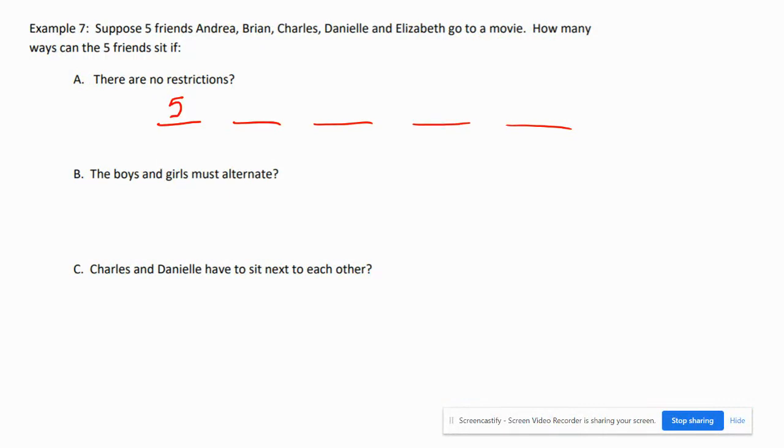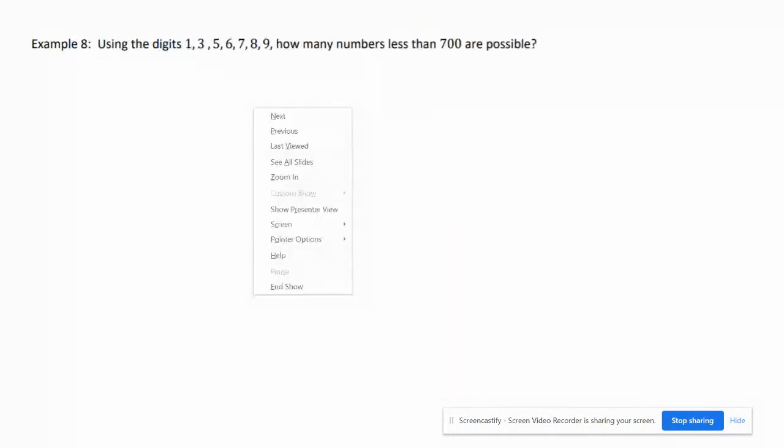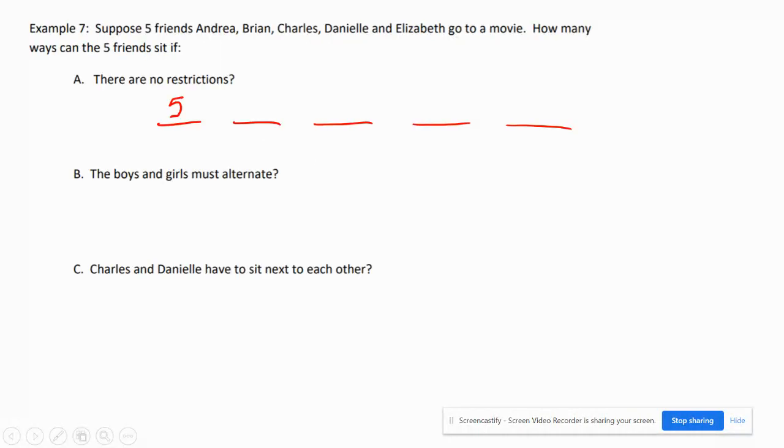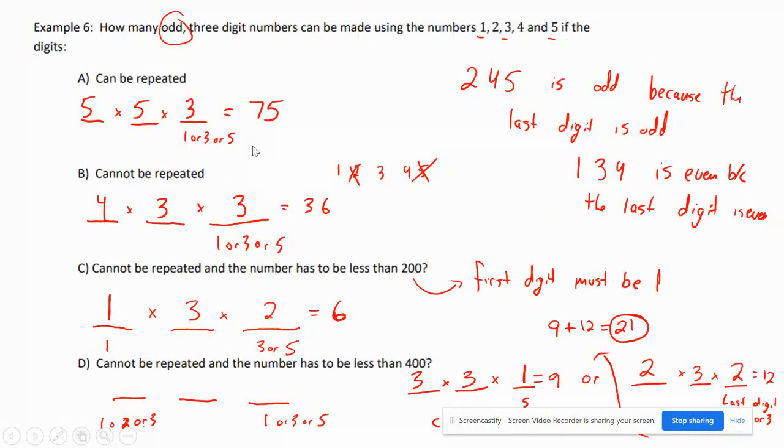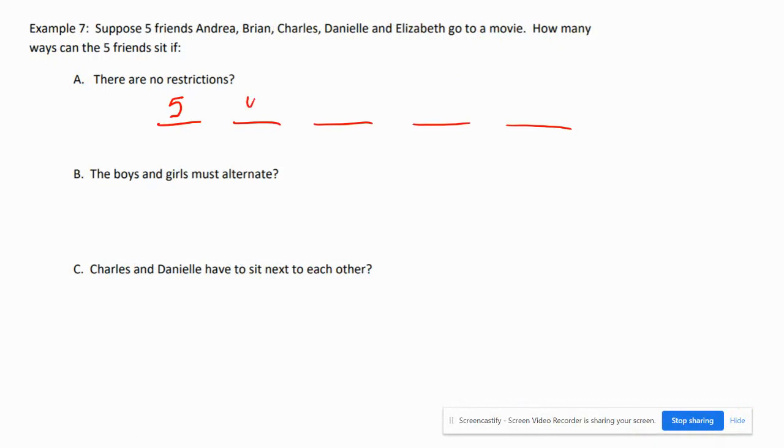Then there's 4 friends left, so it's going to be 4, then 3, then 2, and 1. If we multiply these together, we get an answer of 120.